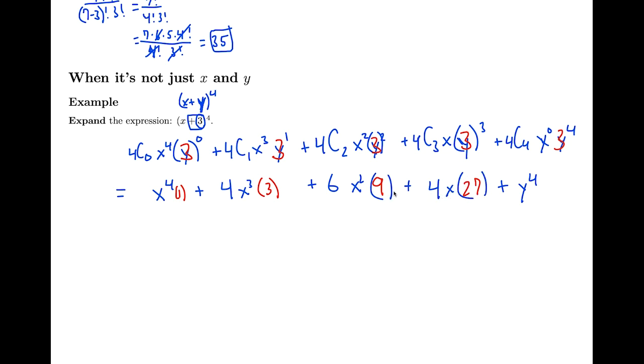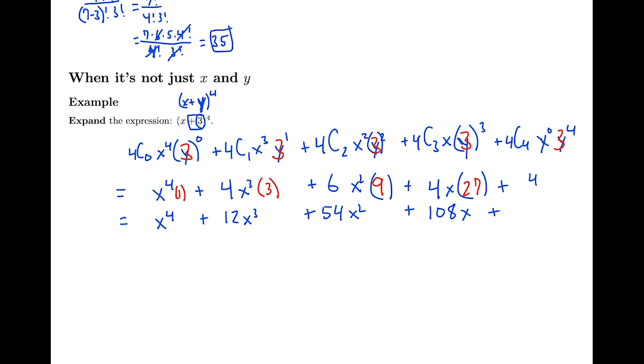Let's put that in brackets. And now this is equal to x to the 4 plus, 3 times 4, that's 12x cubed, plus 9 times 6 is equal to 54x squared, plus what is 4 times 27? It's 108x plus, oh, I forgot to change this into a 3.